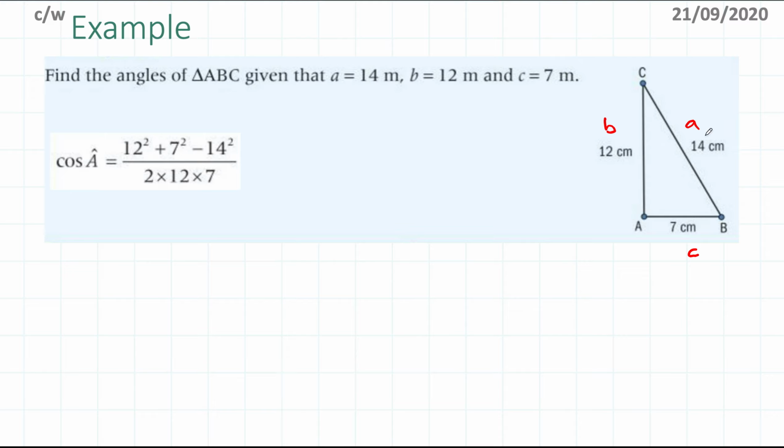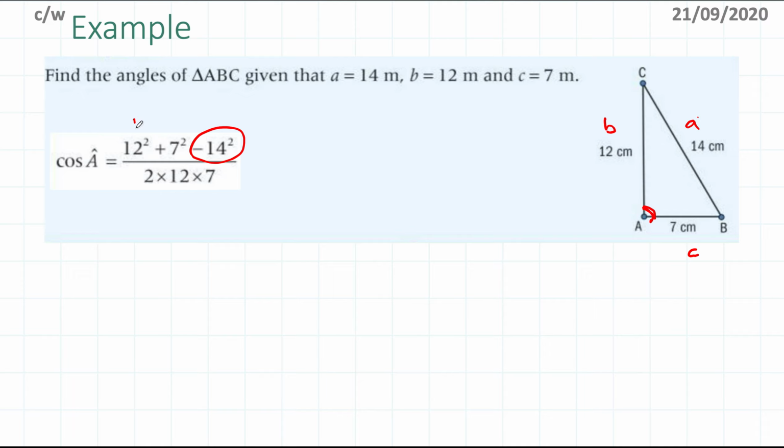If I'm trying to find angle A, be careful, even though it looks like a right angle, it's not necessarily a right angle. So I need to subtract the opposite length, which is 14. Notice that I'm subtracting 14, so that's something to be careful about.